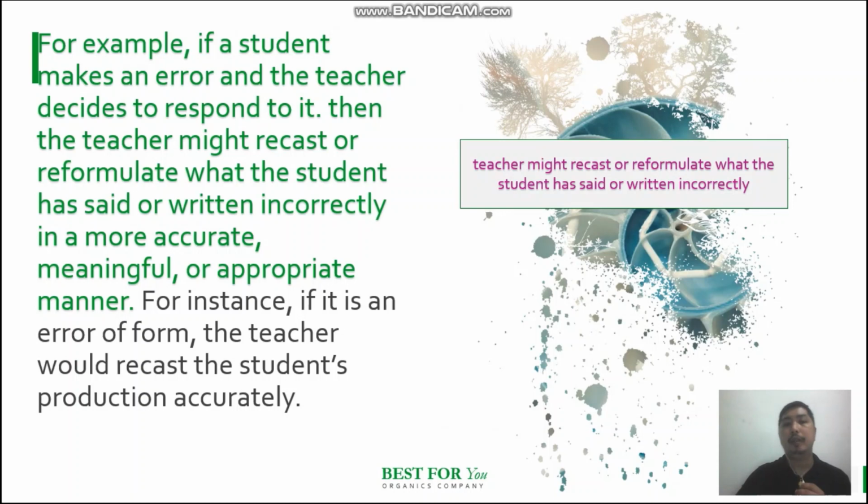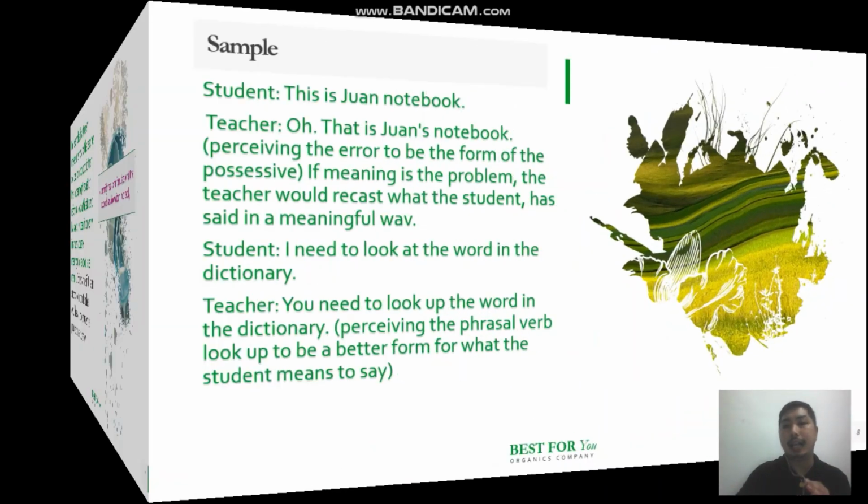For example, if a student makes an error and the teacher decides to respond to it, then the teacher might recast or reformulate what the student has said. The teacher can reformulate what the student has said or written incorrectly in a more accurate, meaningful, or appropriate manner. The student committed an error, then the teacher would reformulate it. For instance, if it is an error of form, the teacher would recast the student's production accurately.